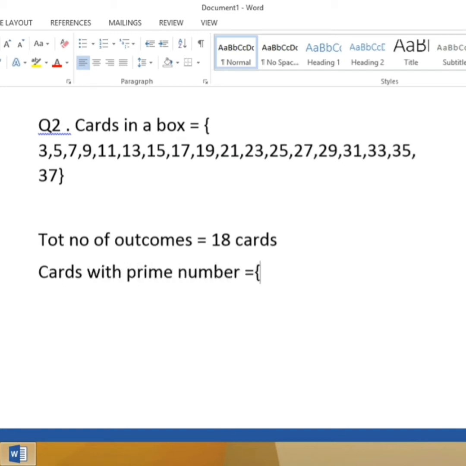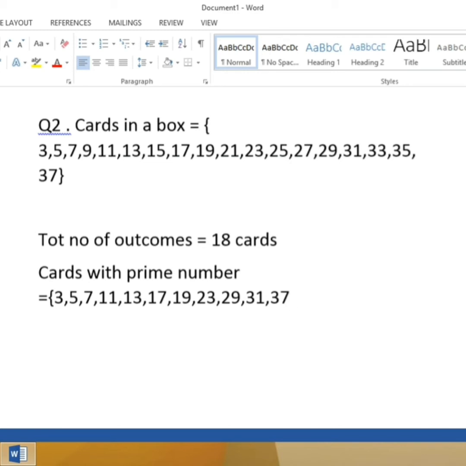So we're going to find the cards with a prime number over here. That's going to be 3, 5, 7, 11, 13, 17, 19, 23, 29, 31, and 37. So these are the cards with a prime number.